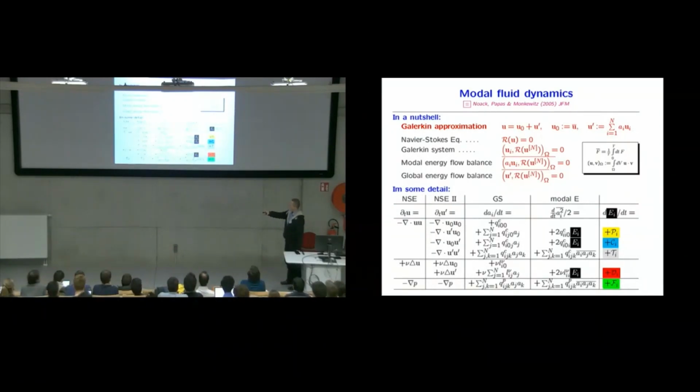We do again the analysis here and here. The Galerkin system looks like that. And if we multiply with AIUI, we get these terms using all the POD properties. So there's one term left over, this one here, which leads to the production. There's another term from the Galerkin system times the energy leading to the convection term.